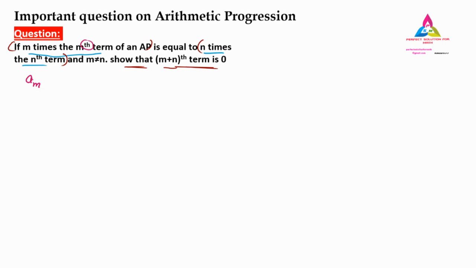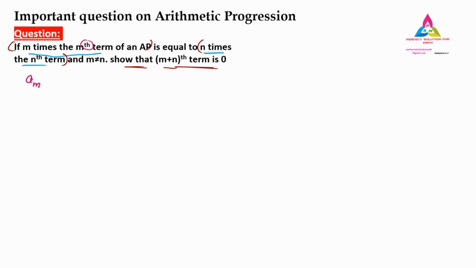If you have directly the first m terms, without the "th", then that is S_m. This is how you can differentiate whether it is a_n or S_n. So here the thing given is a_m.